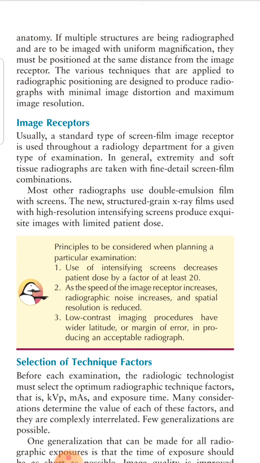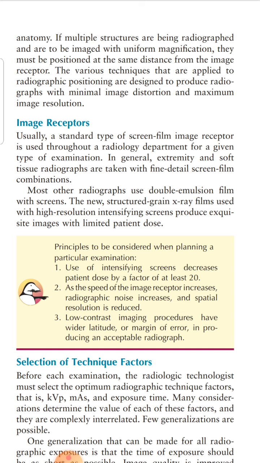So the principle that you should consider when planning a particular examination is that you should use the intensifying screen that will decrease the patient dose by a factor of at least 20. As the speed of the image receptor increases, the radiographic noise increases and the spatial resolution will reduce.